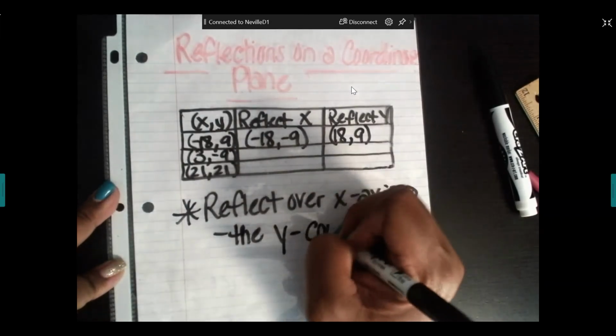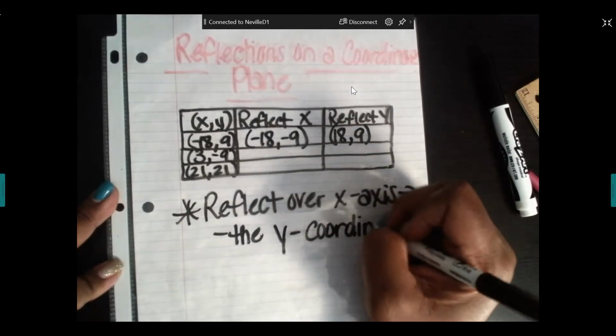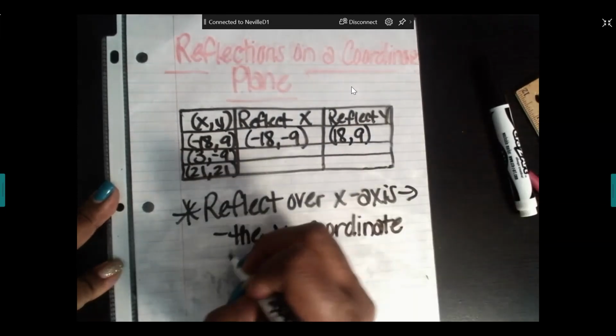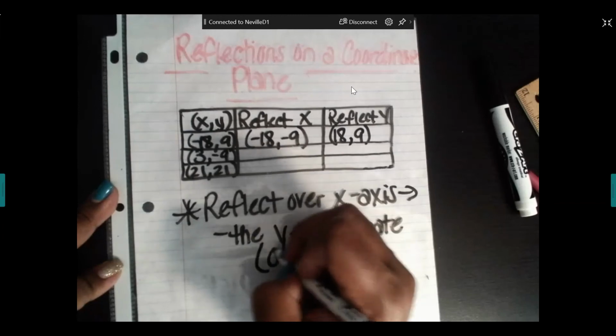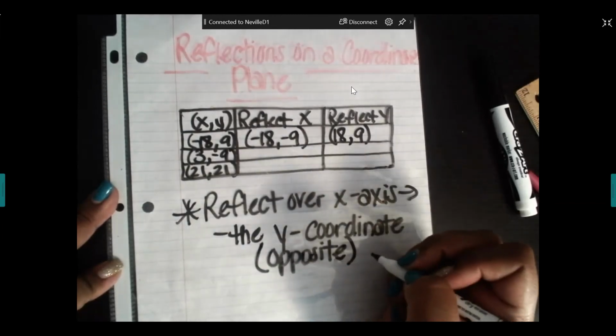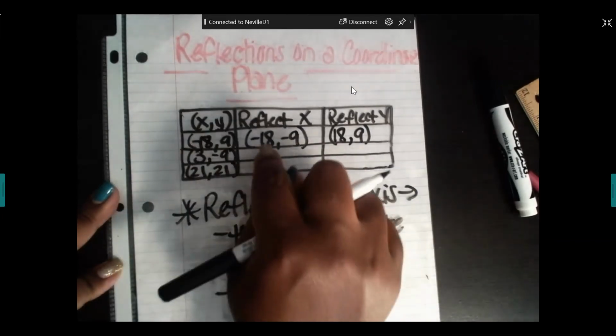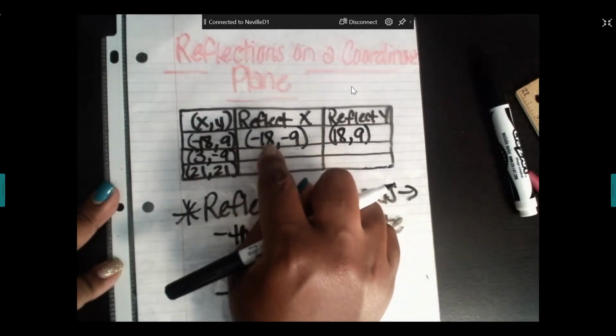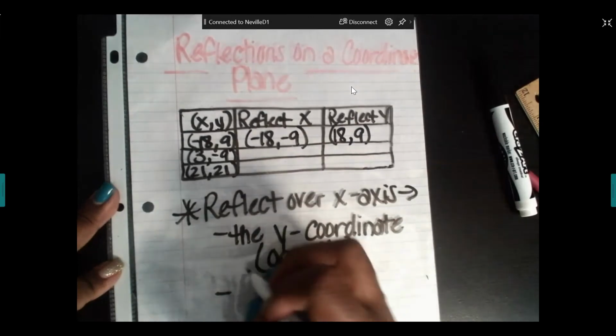The y-coordinate becomes the opposite, and my x-coordinate is the, say it, same. The x-coordinate stays the same when I reflect over that x-axis.